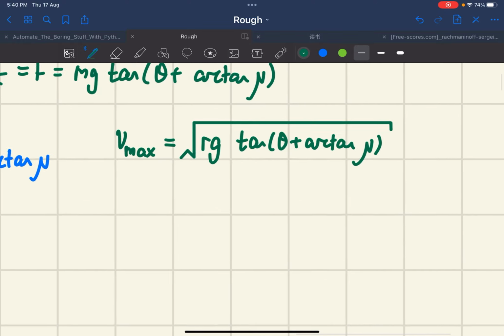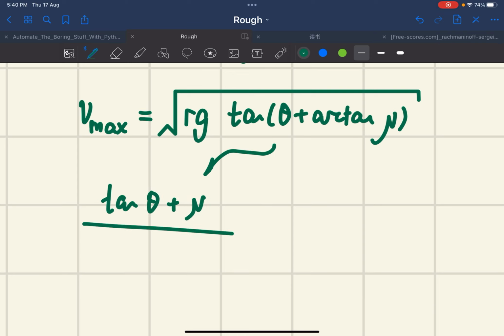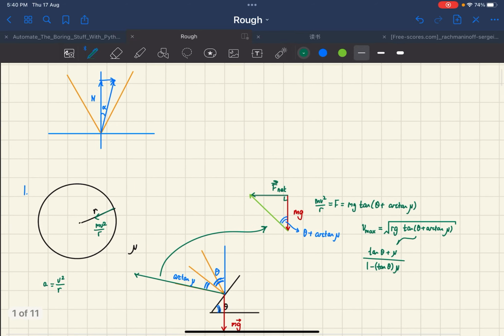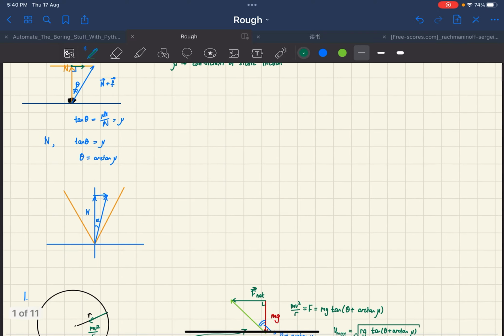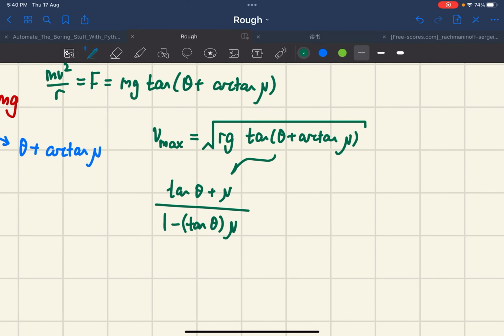Now this might look a little unfamiliar, but if we expand this tan expression, and if you compare it with the normal way of how you would do this for the mechanics problem, it's exactly the same expression.